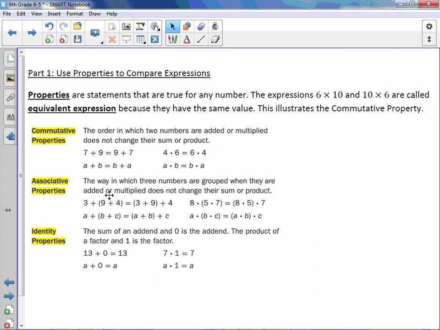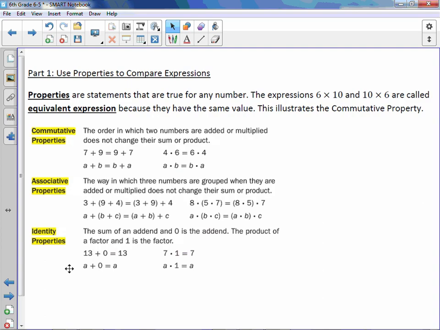Well, 9 plus 4 is 13, plus 3 is 16. Over here, the 9 and the 3 get added together first, which is 12, plus 4 is 16. So when you're adding, it does not matter where the grouping symbols are. Same thing with multiplication. When you multiply, it doesn't matter which order you multiply.